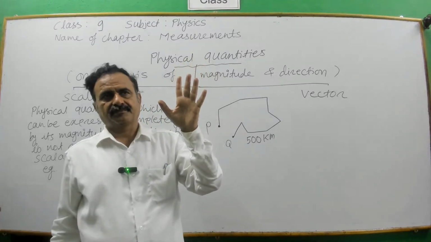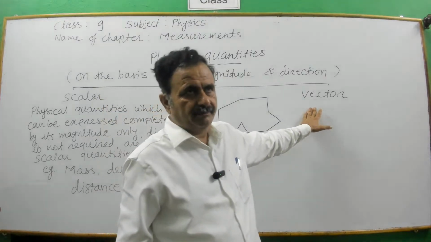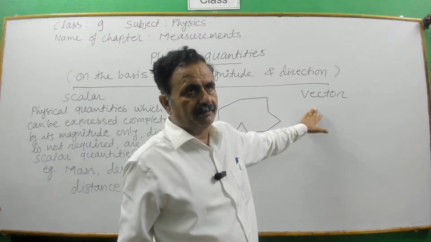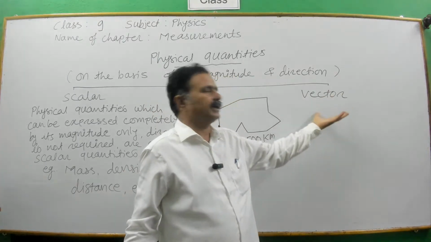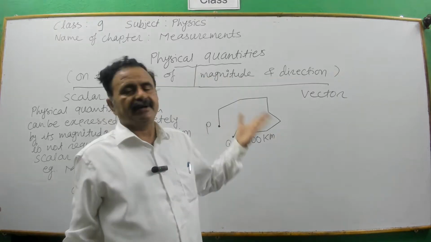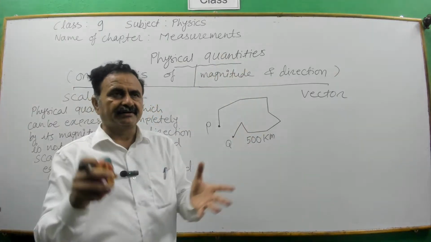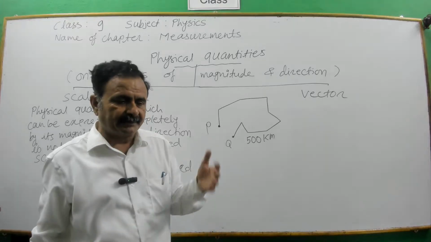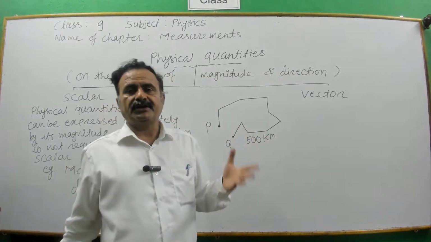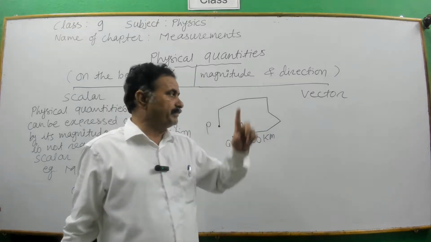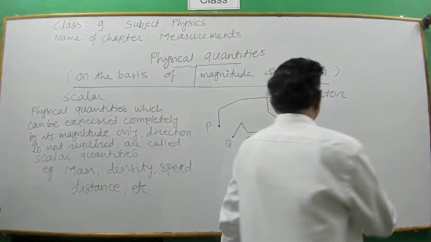Without direction, we can't get the value of a vector quantity, and without magnitude, by just direction also, we can't get its value. To obtain the complete meaning of a vector quantity, we must know its magnitude as well as direction.